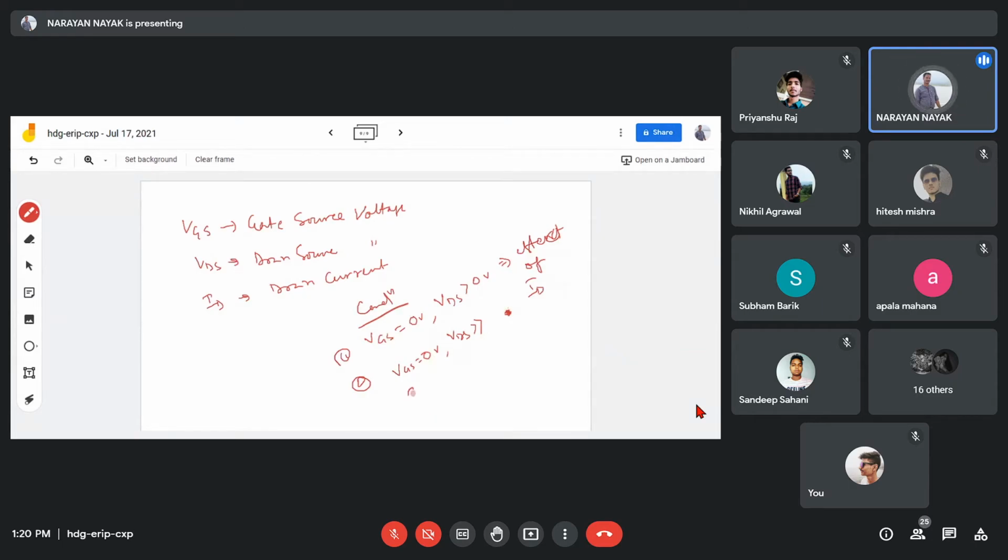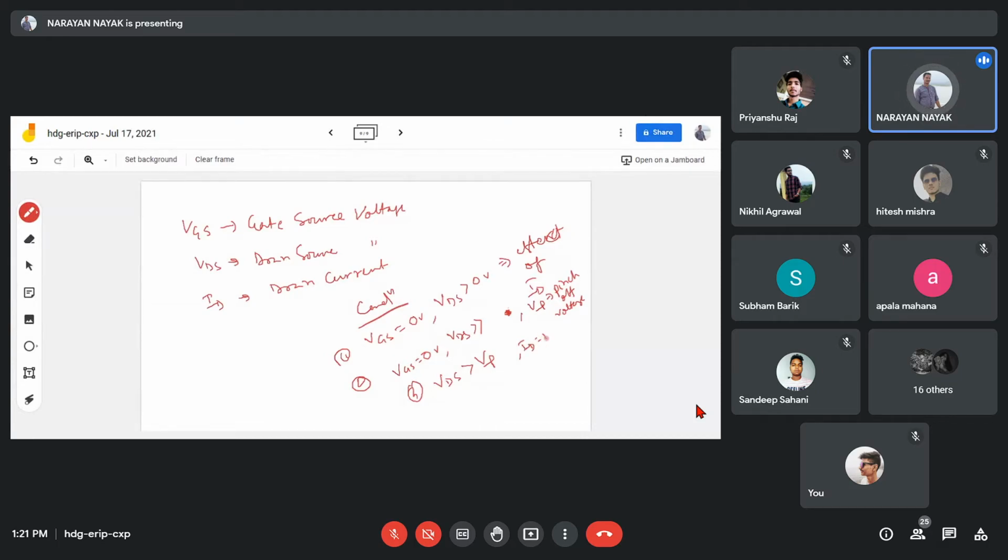The third condition is that now here you are getting the pinch off voltage. This is your pinch off voltage. I will tell you what the pinch off voltage is. Now the third condition is that if the drain source voltage is greater than the pinch off voltage, what about the drain current?